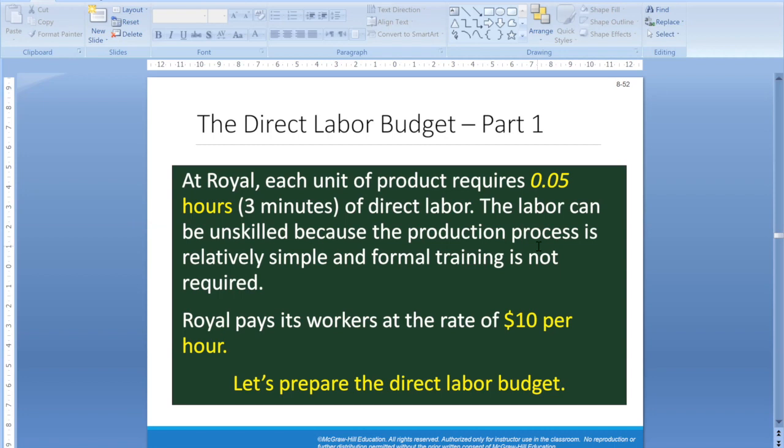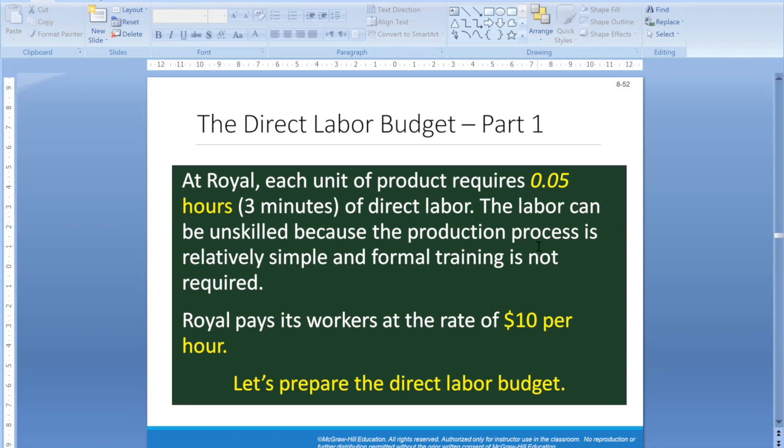The labor can be unskilled because the production process is relatively simple and formal training is not required. Royal pays its workers at a rate of $10 per hour. So we are paying per 1 hour, and we need to calculate how many hours for our workers times $10 per hour.